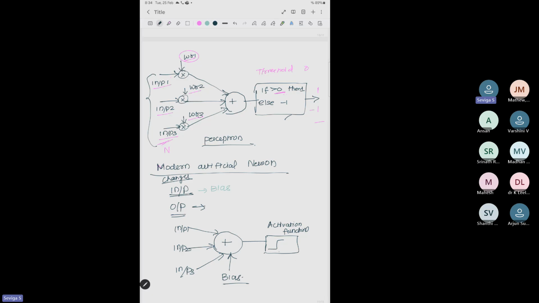The summation is given to it, and based on the function, it produces an output. Here I have mentioned a step function. These are the two changes made to the perceptron to make the modern artificial neuron.